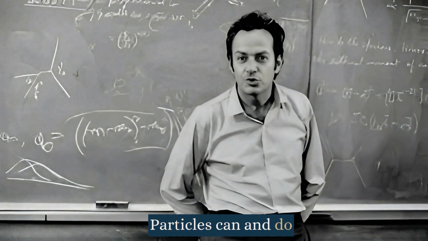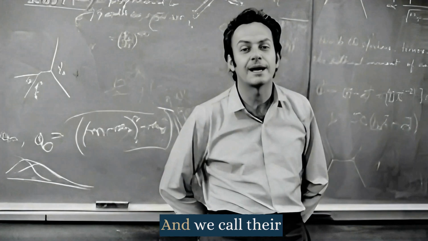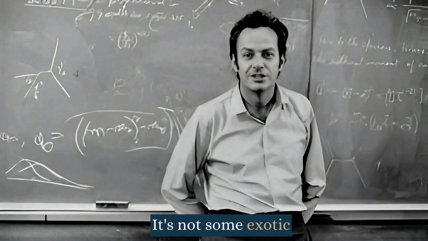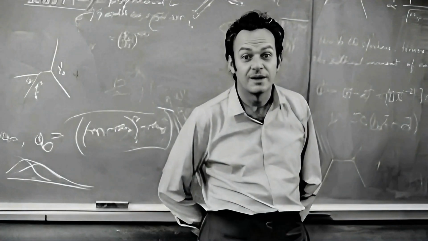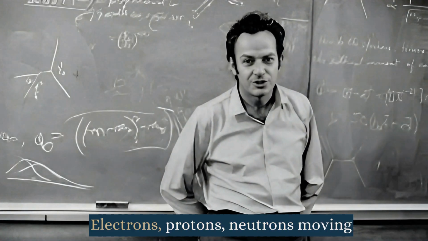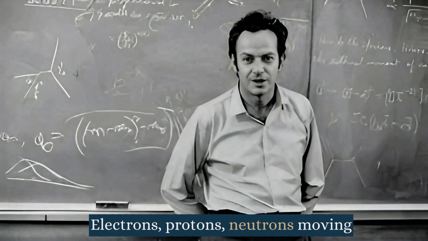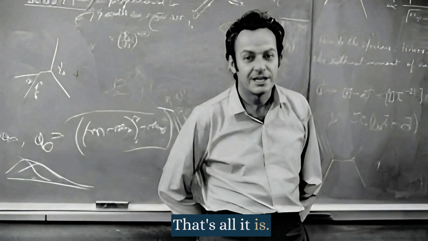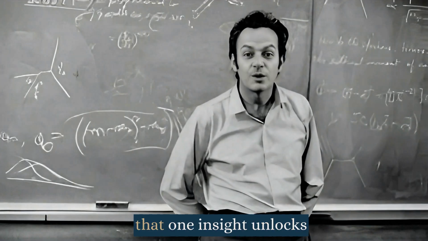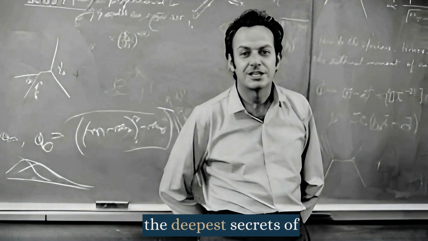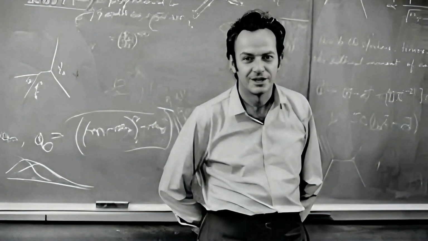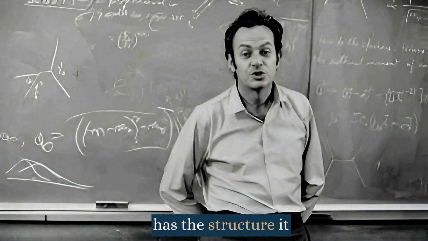Particles can and do travel backwards in time, and we call their backwards moving versions antimatter. It's not some exotic opposite universe material. It's ordinary matter, electrons, protons, neutrons, moving through time in the direction opposite to our experience. That's all it is. And that one insight unlocks the deepest secrets of how particles interact, how they're created and destroyed, and why the universe has the structure it does.